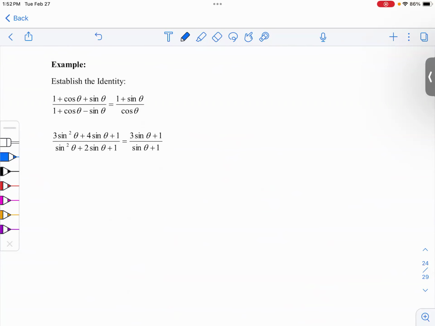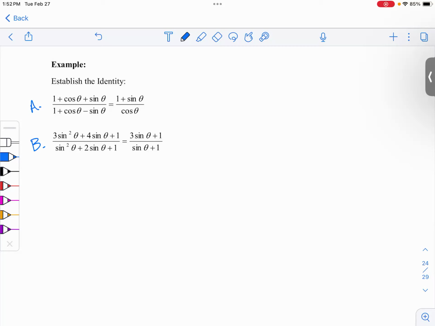All right, let's look at some more identities. Again, establishing the identity. We have a left side and a right side. In both these cases, which side is more complicated? Left side, on both of them.